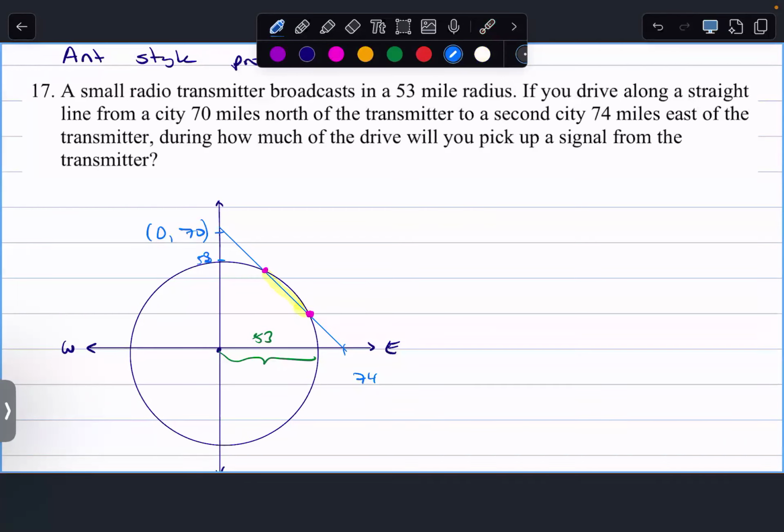That's a point on this line. And then we're going to 74, 0: x is 74 and y is 0. So let's find the equation of the line.